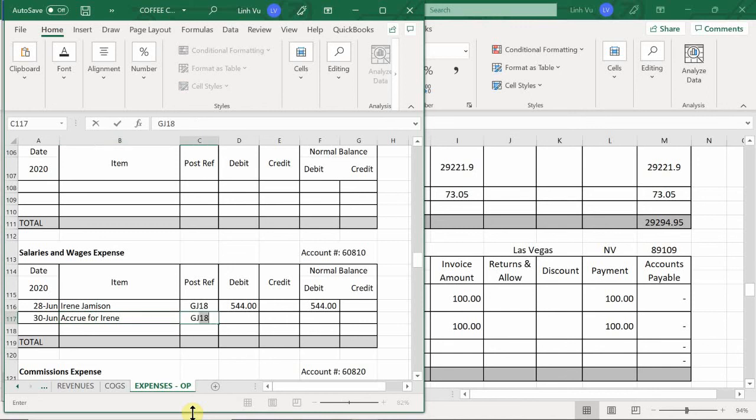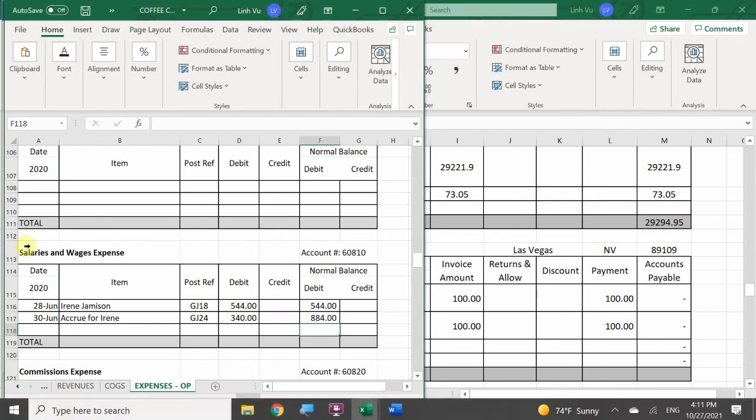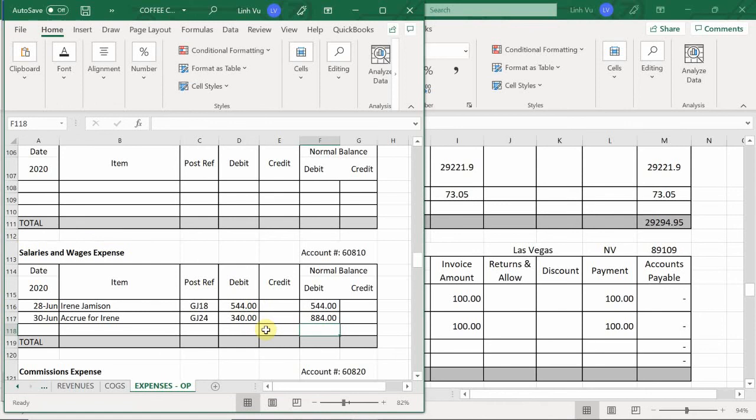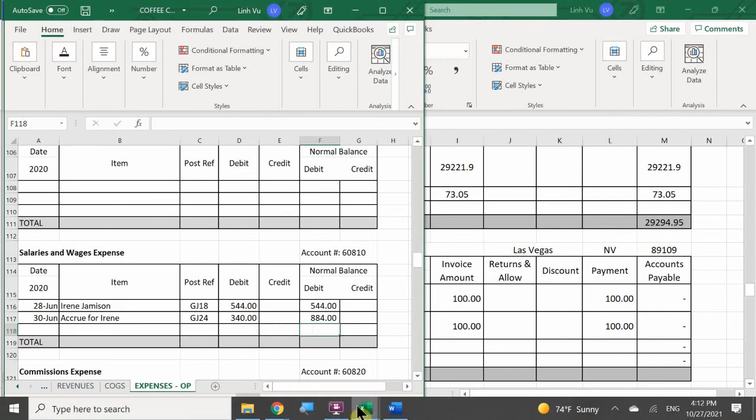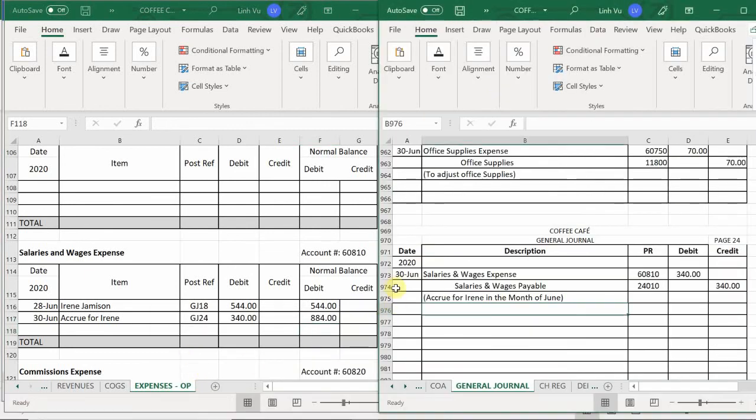Expenses. So we have a 340 debit 504. Plus 340, it's 884. Sorry, I just forgot a zero, so I didn't add.